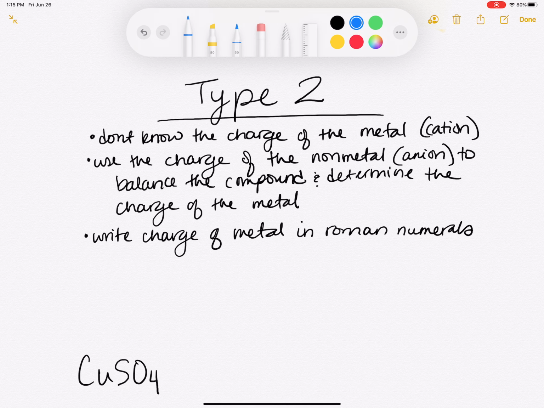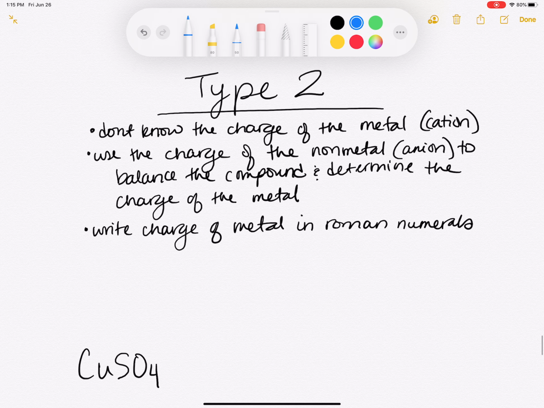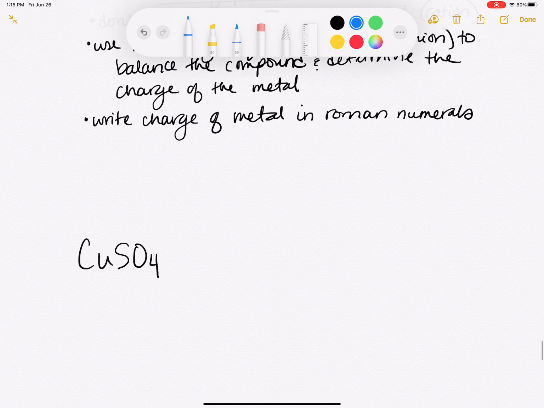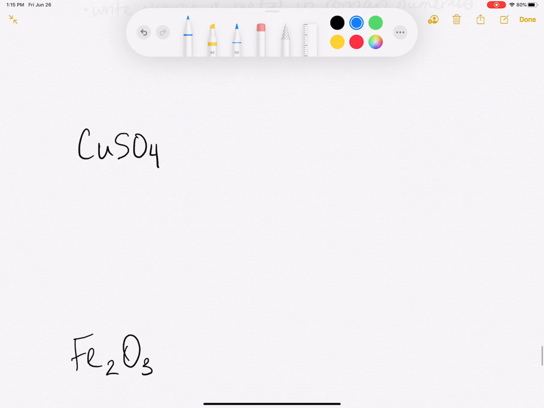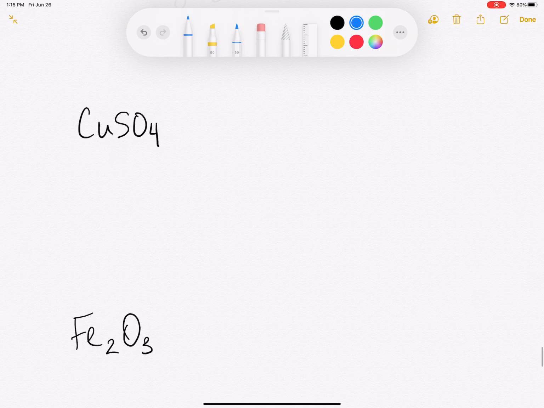So for the first example, I'm going to go through CuSO4, and we're going to go from naming using the compound to giving the actual nomenclature name. And you want to try to practice these specific steps. This is what will be most helpful. So the first thing I do is that I identify who I have present here in the compound.